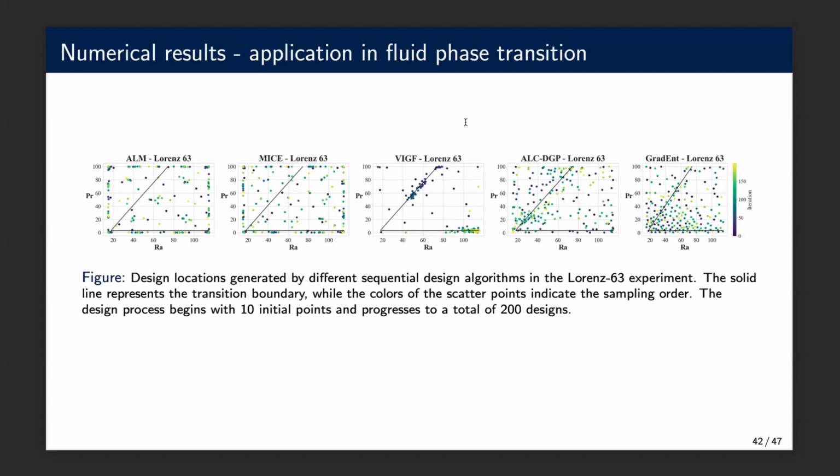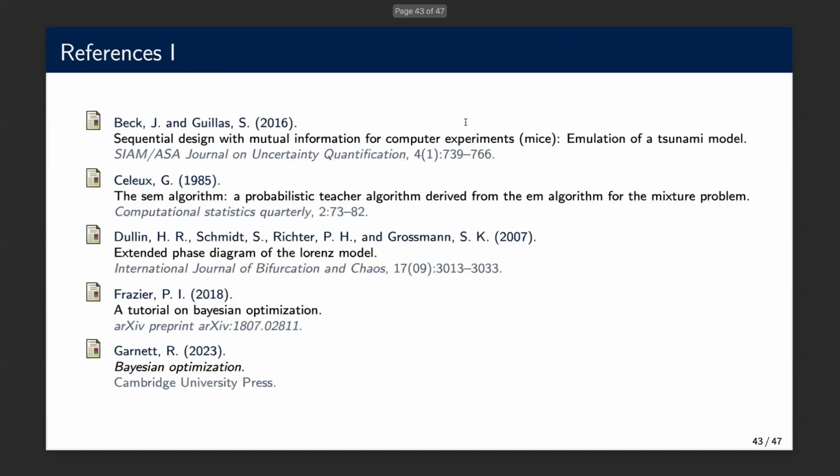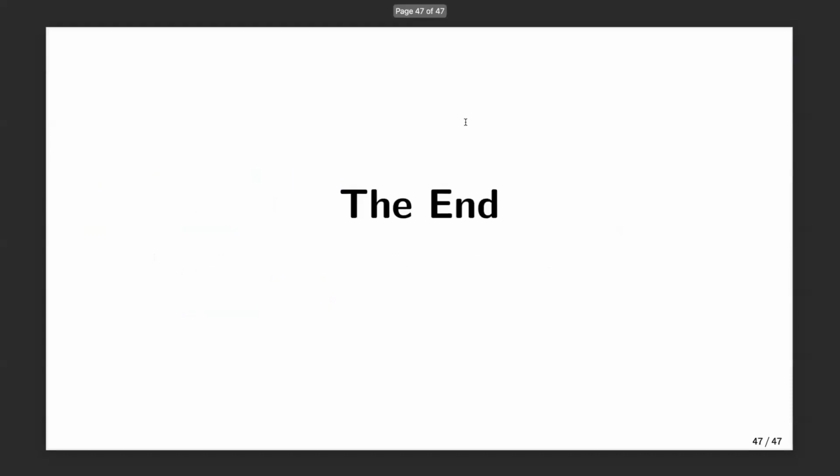ALC DGP performs reasonably well, but it still has some concentration issues. In our method, it captures the triangle regions, which are the most tricky part. And that's all. Thank you very much for your attention.